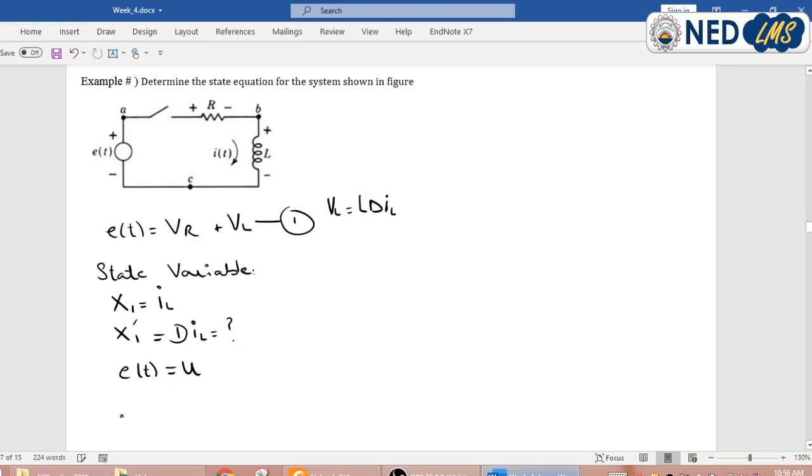So I can write E of T is equal to VR, which can be written in terms of IL into R, plus L dIL.